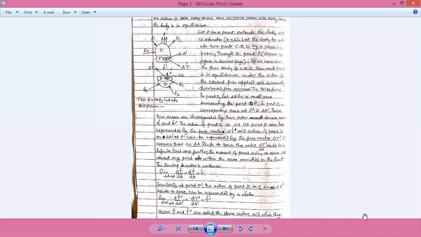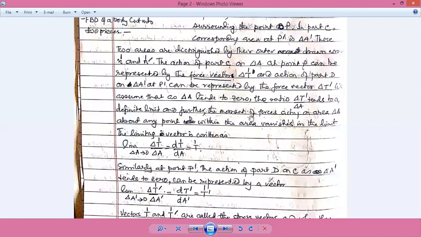So what we are doing here, let us make a ratio. As we know, we are going to calculate the stresses at different points. Stress is the force divided by the cross-sectional area. The moment of the forces acting on the area about any point vanishes in the limit, because they are in equilibrium.